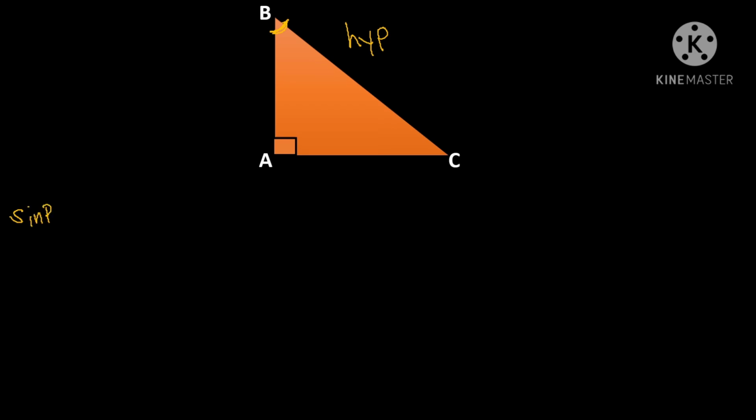Sin B, kasi ang reference angle natin ay nasa angle B. So, sin B is equal to SOH, opposite over hypotenuse. Ang opposite natin ay andito, and then adjacent natin ay andito. So, maglagay tayo ng number. Example, this is 3, this is 4, this is 5.